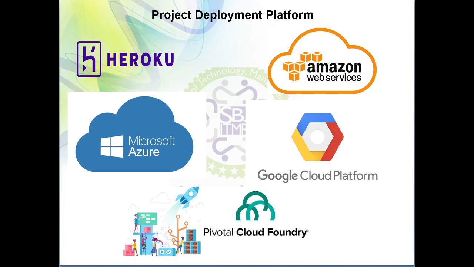If you are aware of how to deploy a project and how to stop the services, and you want to make sure no deduction will be made from your credit card, you need to deploy your project, use it for a particular time, test it, and then stop all the services and remove your project from that cloud service, so that no charges will be deducted from your account. So be very careful while using AWS, Azure, Google Cloud Platform and Pivotal Cloud Foundry.